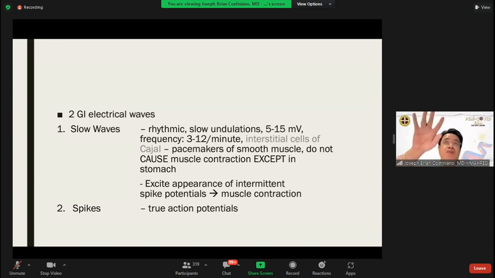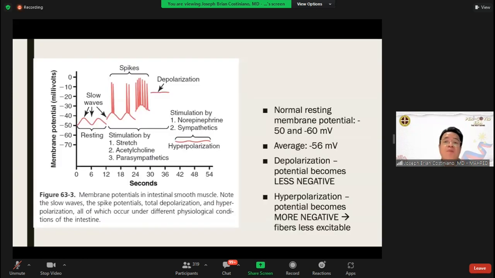Because of these slow waves, they will induce the appearance of your spikes, and your spikes are the ones that can generate true action potentials and can cause muscle contraction. So again, your spikes are stimulated by stretch, acetylcholine, and parasympathetic nervous stimulation. And hyperpolarization or resting is by your norepinephrine and your sympathetic.